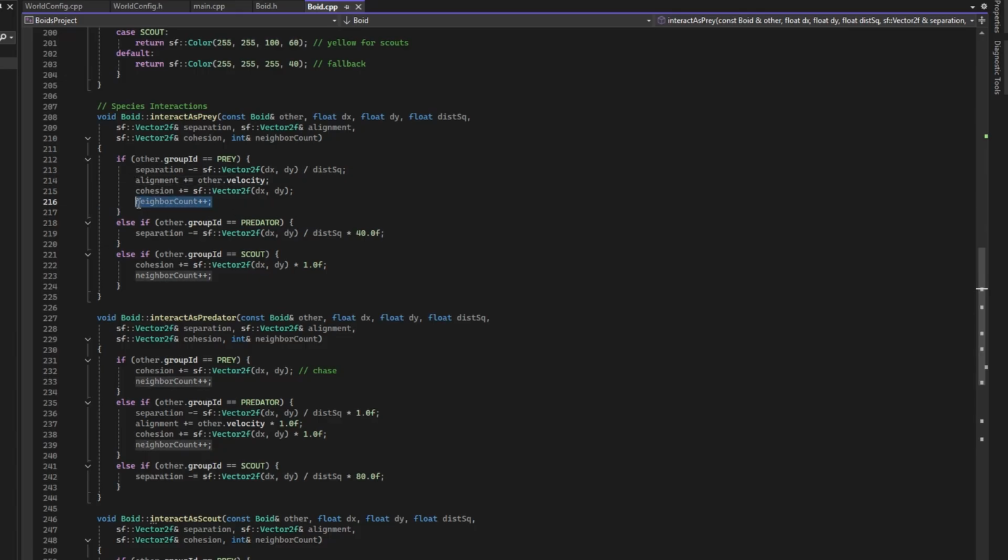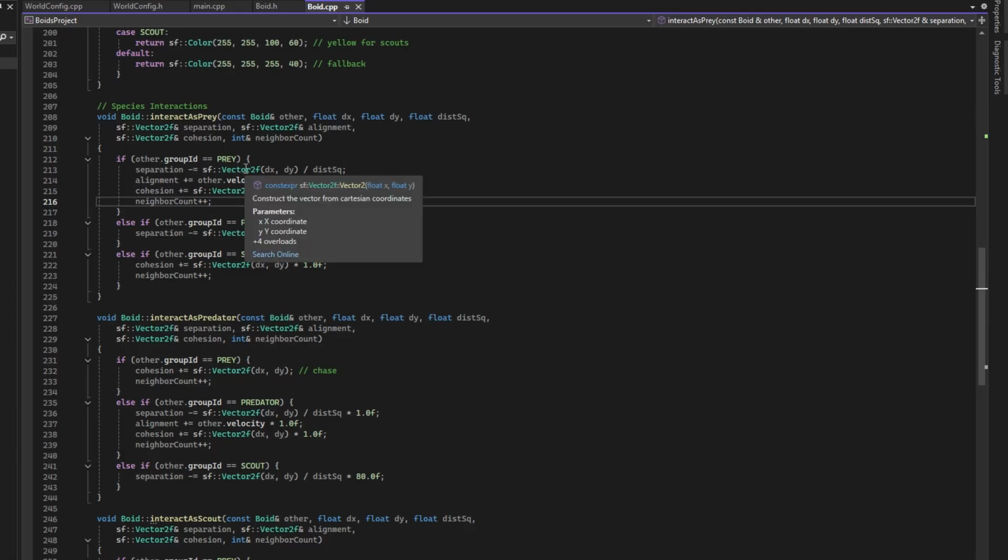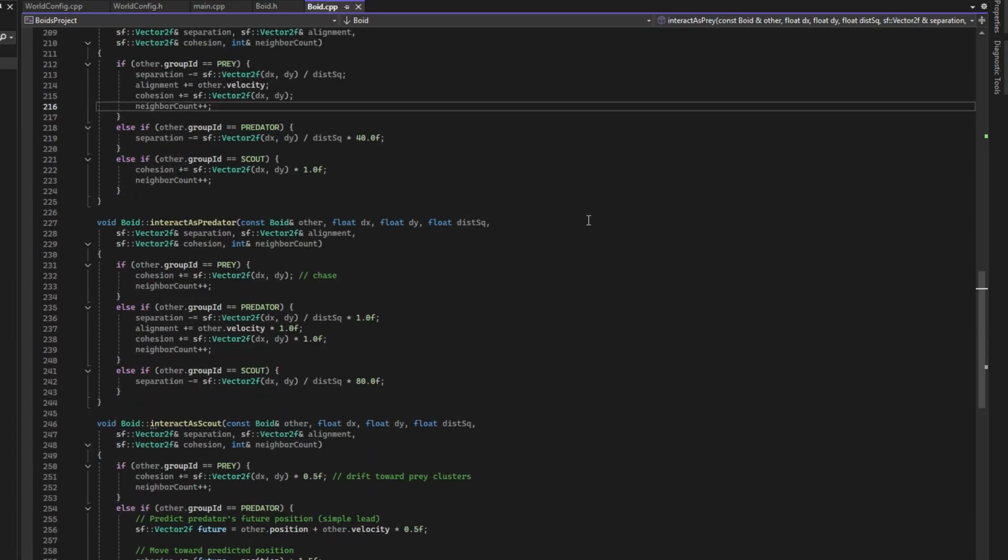And then this is to add, if they have another neighbor. So the number of neighbors that they have, all of these numbers get divided by the number of neighbors that they have, sorry, not all of them, but most of them get divided by the number of neighbors that they have. And then predators, working with predators, all the same rules.